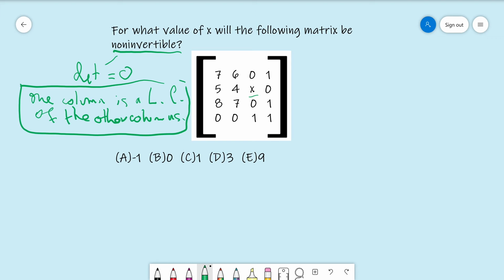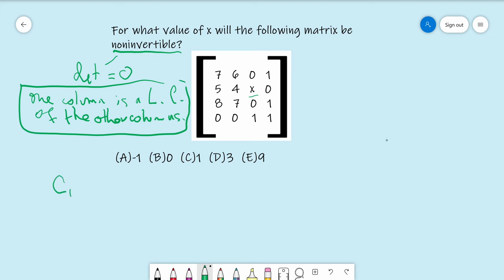Well, if you look at it for a second, you notice that 7 minus 6 is 1, minus 1 is 0, 5 minus 4 is 1, minus 0 is still 1, and 8 minus 7 is 1, minus 1 is also 0, and then 0 minus 0 is 0, minus 1, that gives us a negative 1.